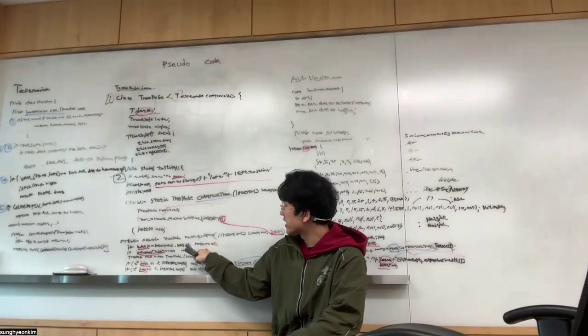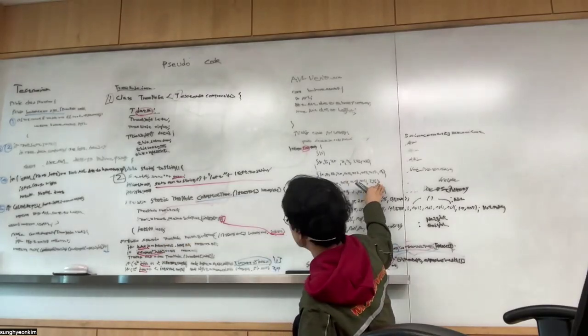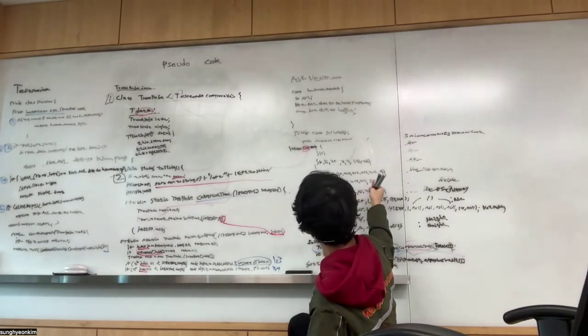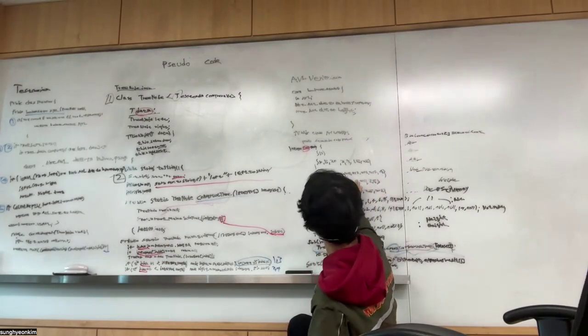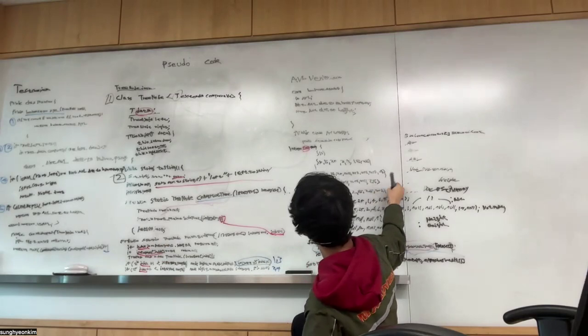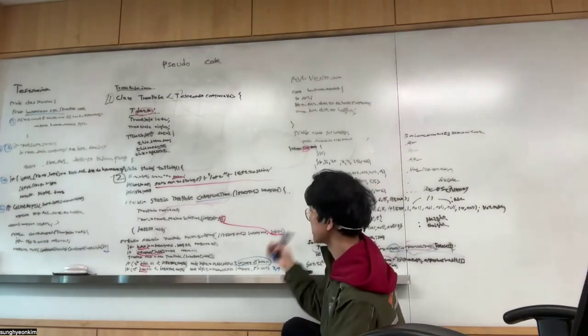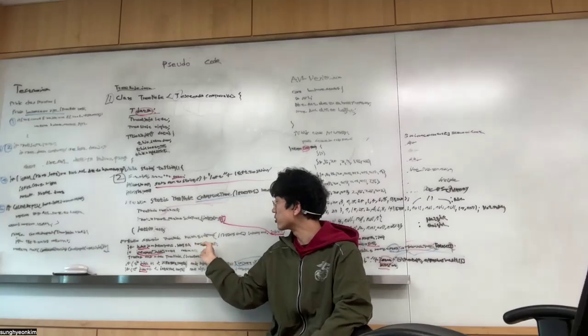A null case will be when the index is bigger than the length of the list, which means there is nothing there, it cannot exist. So we will return null in this case.